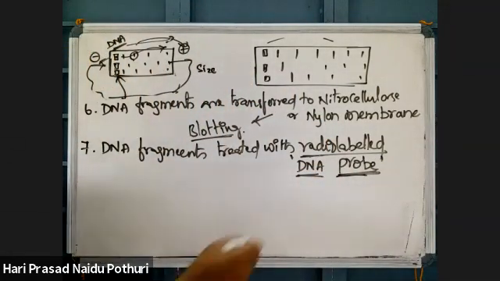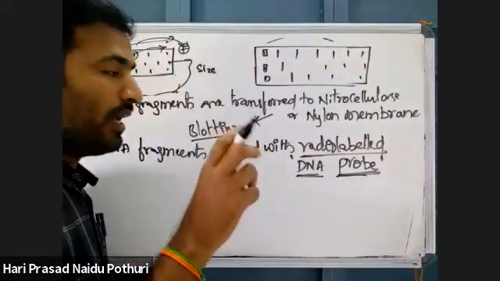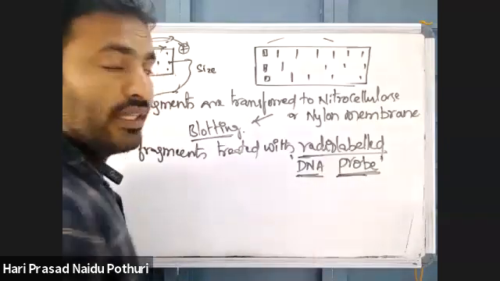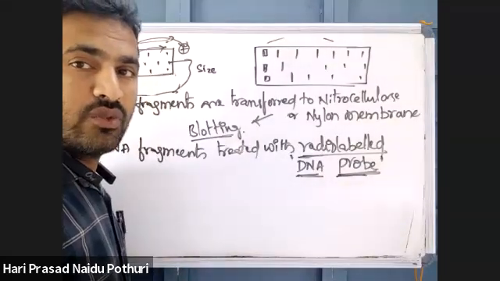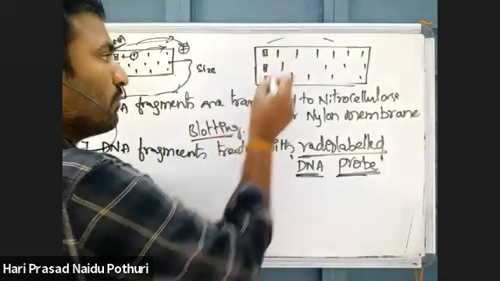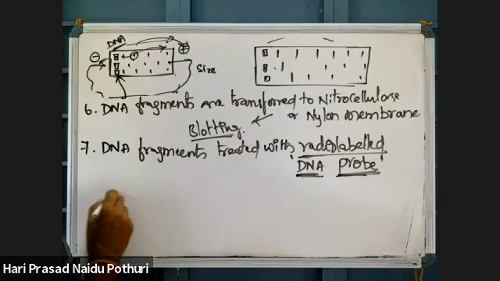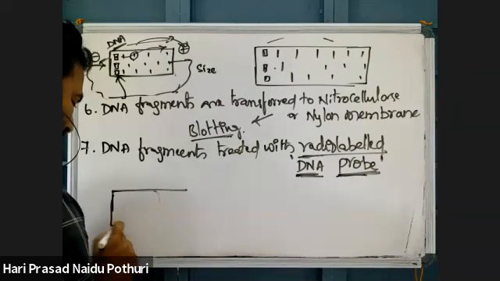What does DNA probe mean? A short DNA fragment which is radioactive. The radioactive DNA we are taking is called a DNA probe. So after this blotting, from this gel plate the fragments are transferred to nitrocellulose filter paper or nylon membrane.